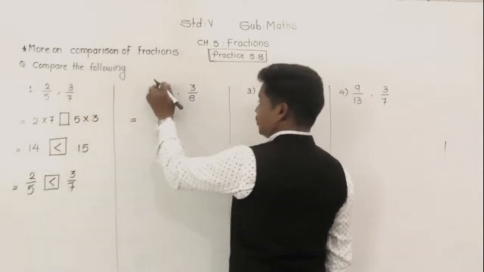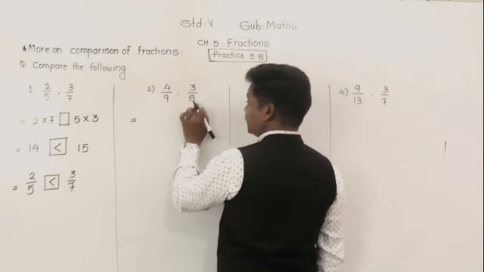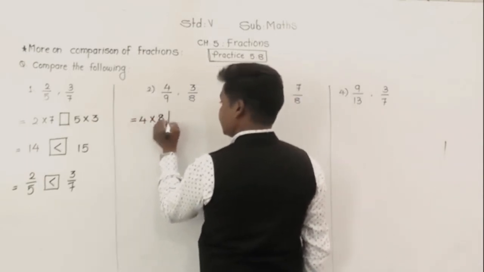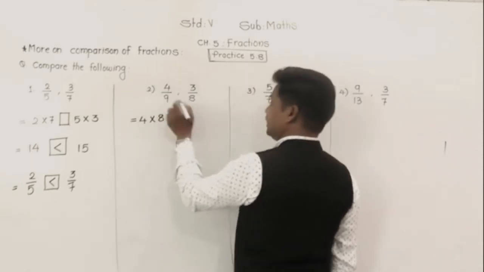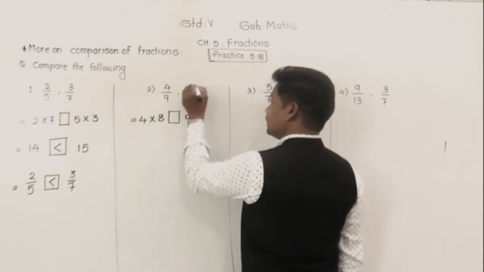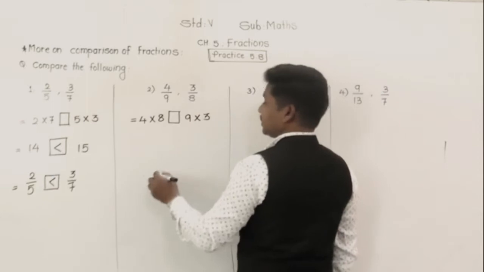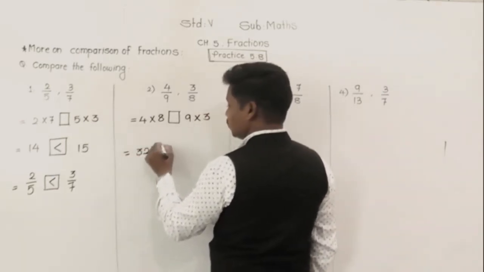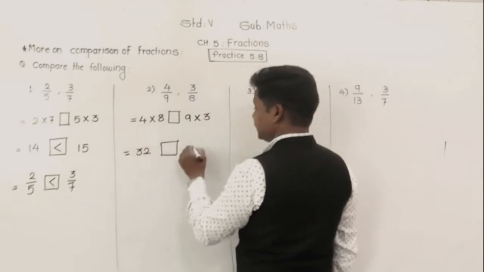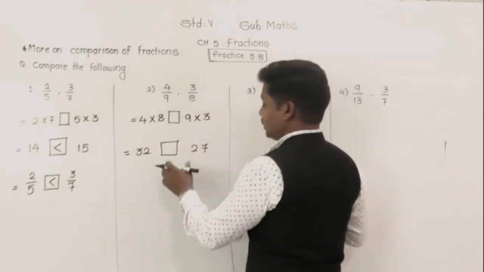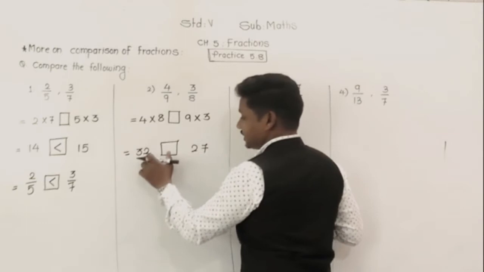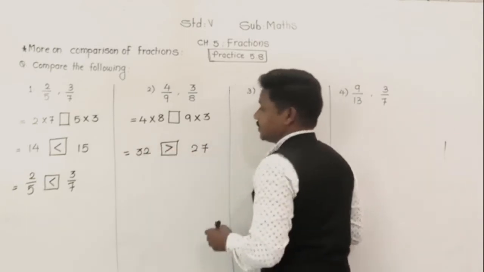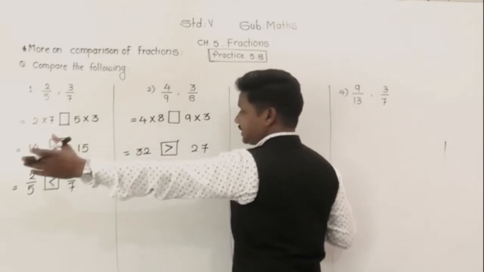Numerator of the first fraction, denominator of the second fraction, that is 4 multiplied by 8, and 9 multiplied by 3. 8 4s are 32, whereas 9 3s are 27. So 32 is greater than 27, and 32 is the product on the left side.